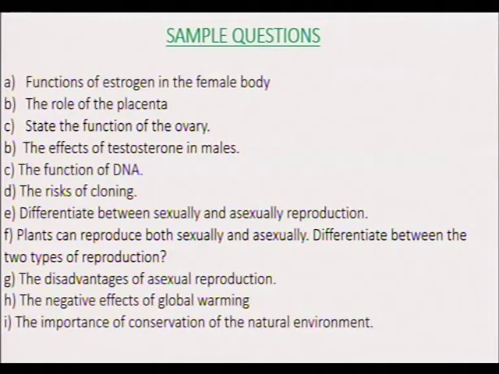The question can also be in the form of a statement. For example, plants can reproduce both sexually and asexually. Now differentiate between the two types of reproduction. Looking at the disadvantages of asexual reproduction, the negative effects of global warming, and the importance of conservation of the natural environment.